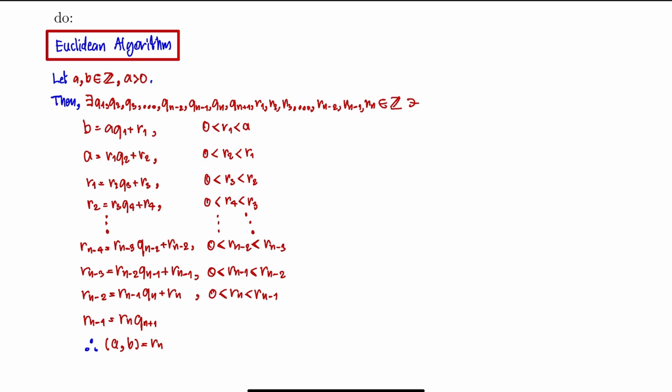But how do we find x and y such that ax plus by equals the greatest common divisor of a and b? The first thing to do is to take a look at the equation that is next to the last one. Start with this one.